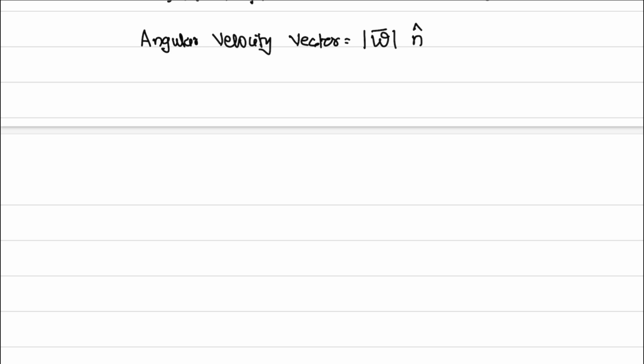Because you see, this is the axis and omega is like this, then omega will be its magnitude into the unit vector in the direction of this axis.